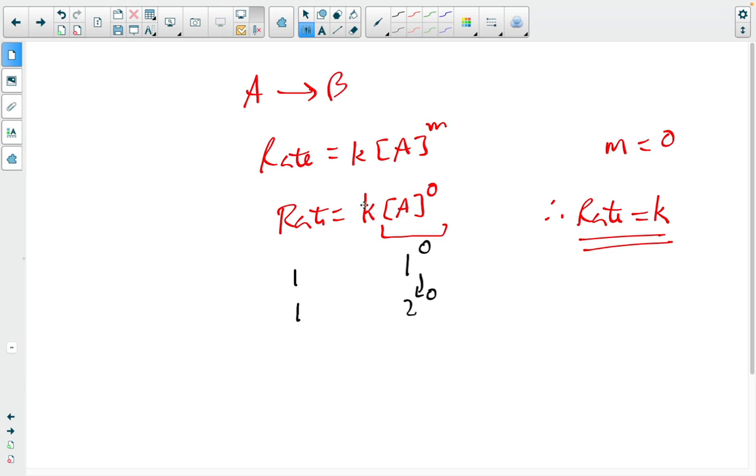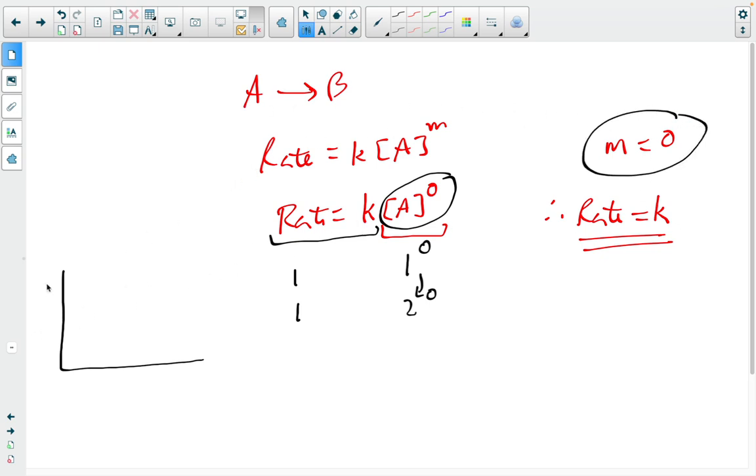So just from a math perspective, this whole term right here, like I said earlier, would just be equal to 1, which means that my rate will stay constant. It doesn't matter how much of A I put into that reaction, my rate will not change. Now, that's a little bit counterintuitive, because we know that typically if you increase the concentration of a reactant, your rate should go up. So in this case, we will call this zero order with respect to that particular reactant.